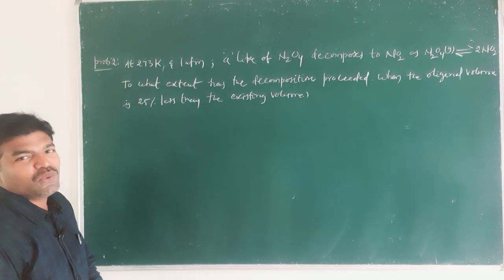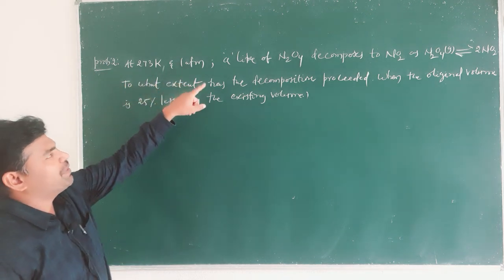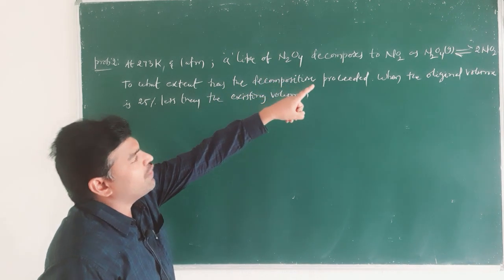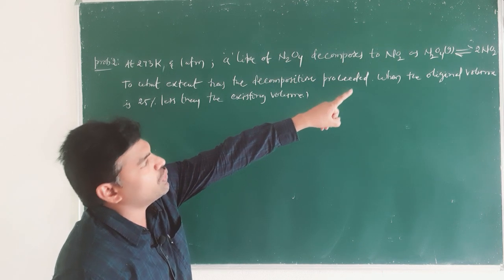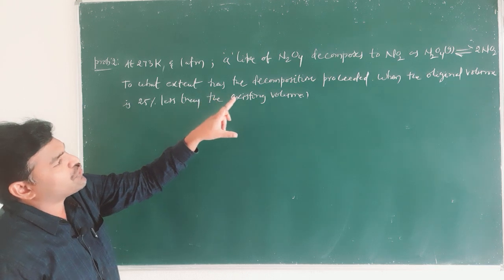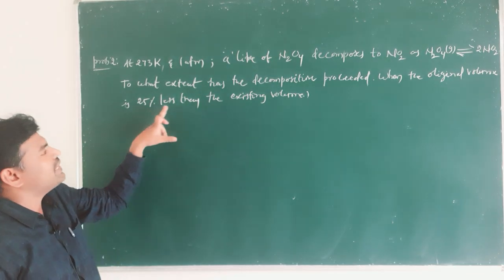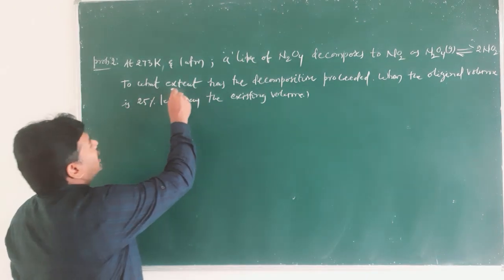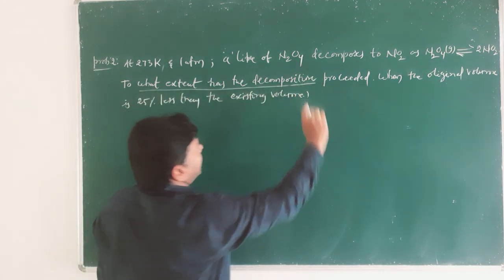Problem 2: at 273 Kelvin and at 1 atmosphere, a liter of N2O4 decomposes to NO2, as N2O4 gas is in equilibrium with 2NO2. To what extent has the decomposition proceeded when the original volume is 25% less than the existing volume? Here also they ask to calculate the extent of decomposition.